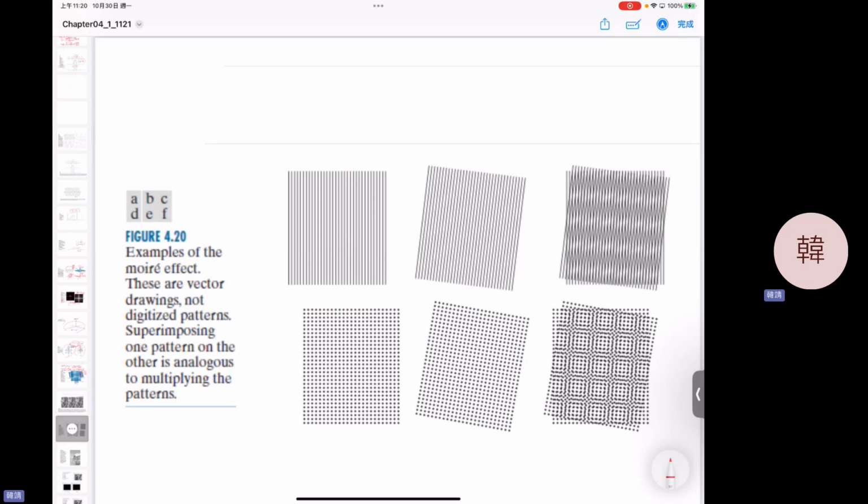So remember, now we are looking at some image, and you use a digital camera to get this picture. What happens? Your digital camera is just like this, okay? It's a screen lens, right? This size depends on your camera's resolution. And you are looking at some repeated, high frequency pattern.